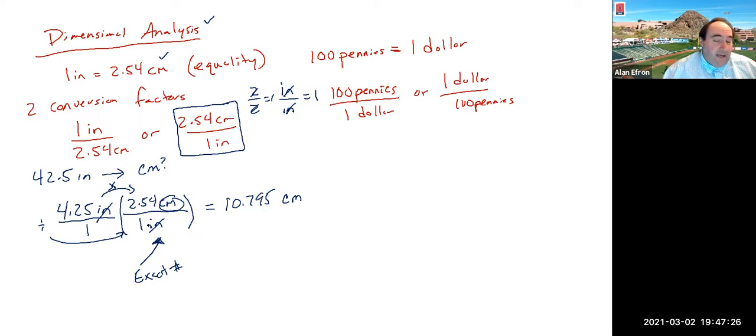So exact numbers can have a multitude of significant figures. That means the only real number we have to worry about is the original number here, which has 3 significant figures, which means my answer should also have 3 significant figures. That means we should end up with 10.8 centimeters in this particular case.